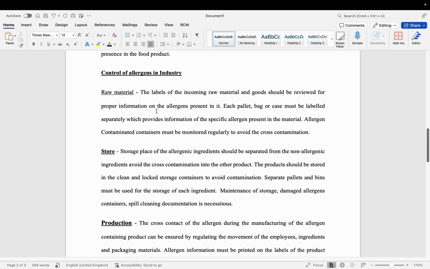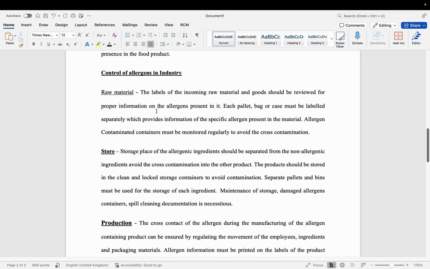The labels of the incoming raw materials and goods should be reviewed for proper information on the allergens present. Some of the industries actually mention with the ingredient what allergen it has, right on the label, so that any raw material operative who's new to the work wouldn't get confused.